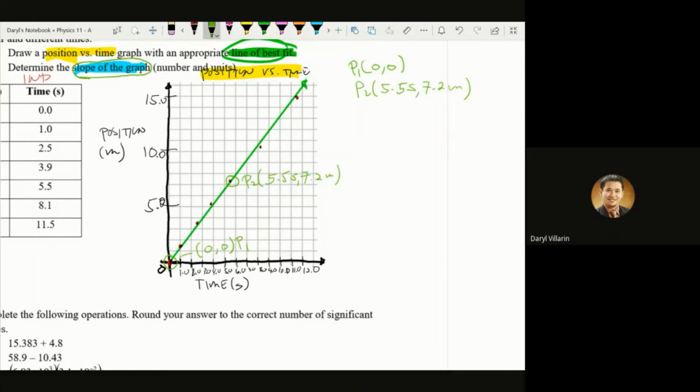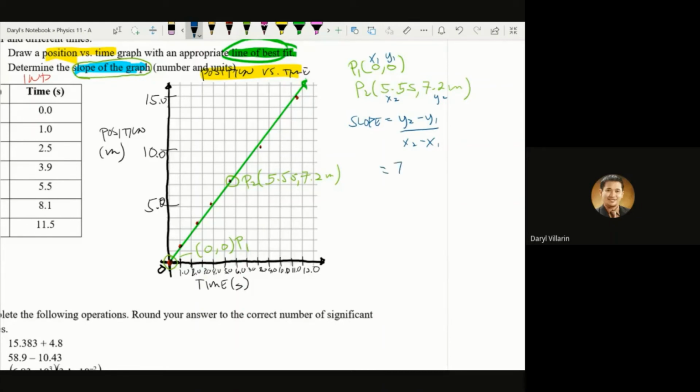So for the slope, the general formula for the slope is just y2 minus y1 all over x2 minus x1. So remember that this is my x1, this is my y1, this is my x2, this is my y2.